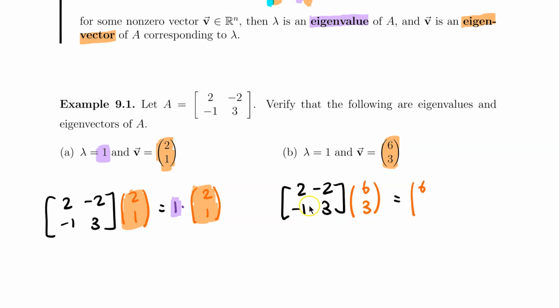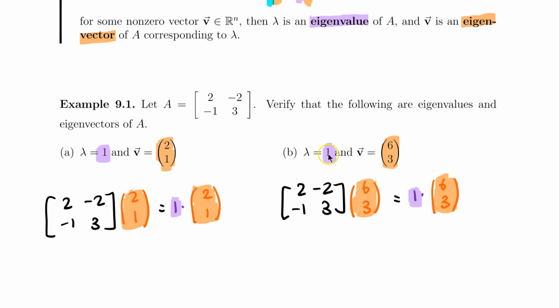Then I have -1 times 6, which is -6, plus 3 times 3, which is 9. So I have a 3 down here. Again, when I multiply 6, 3 by the matrix, I get the same thing out. So this 6, 3 is indeed another eigenvector, and it is just 1 times itself, so the number 1 is my eigenvalue.